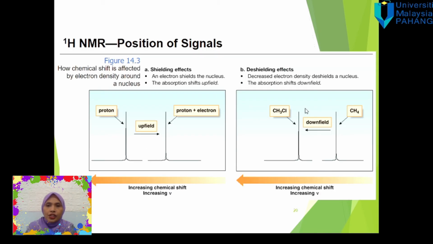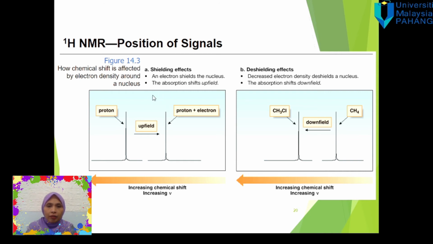We can see these two illustrate the differences between shielded and deshielded protons. This is the main point: shielded means a saturated proton attached to a saturated carbon, and electrons shield the nucleus.